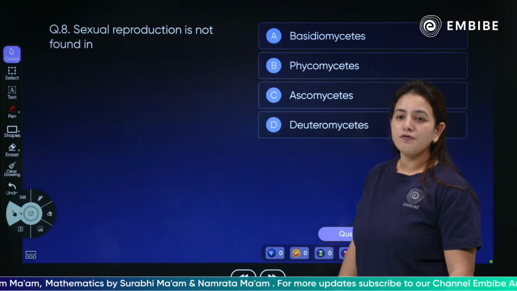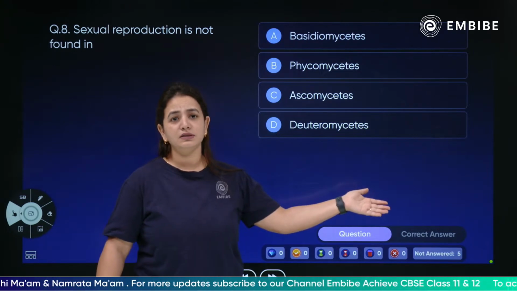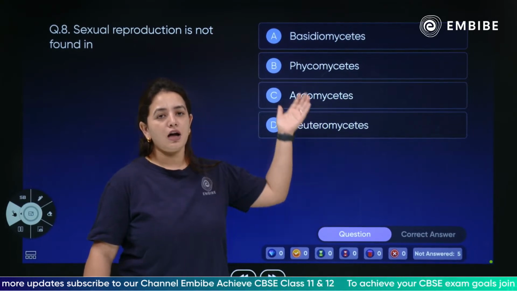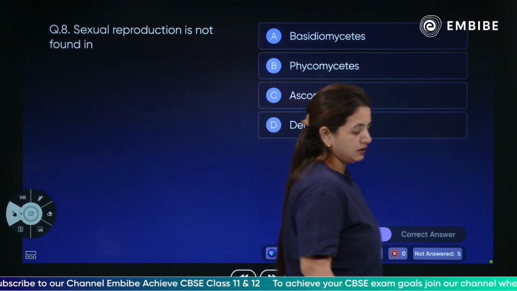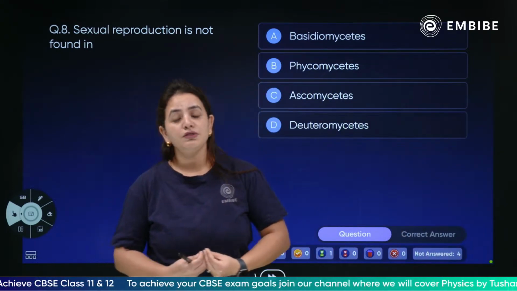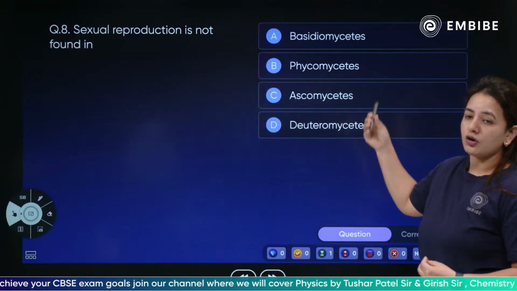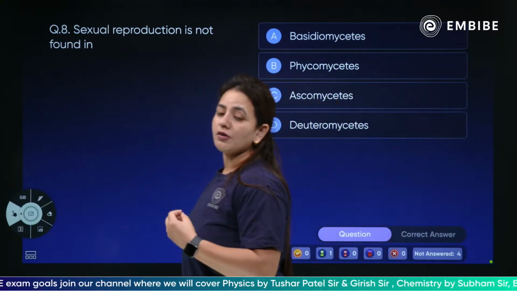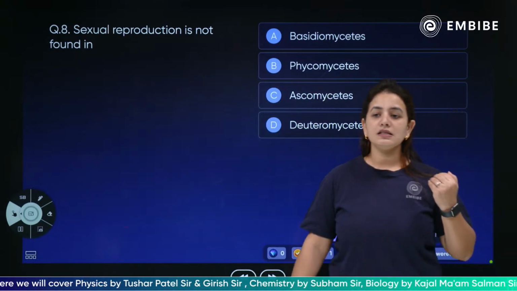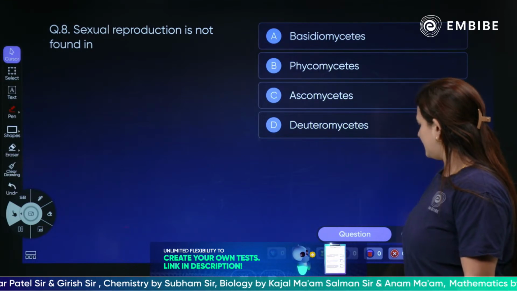Okay. Moving forward, sexual reproduction is not found in which of these? Just now we have discussed this. We have discussed that the basis of classification in the fungi is sexual reproduction. So among these 4, which of them does not possess the sexual reproduction method of reproducing? Quickly answer.